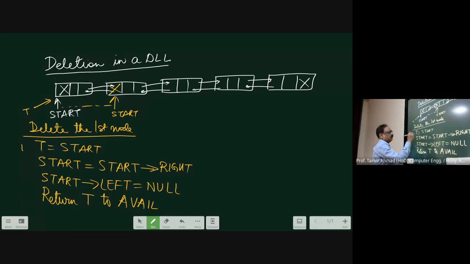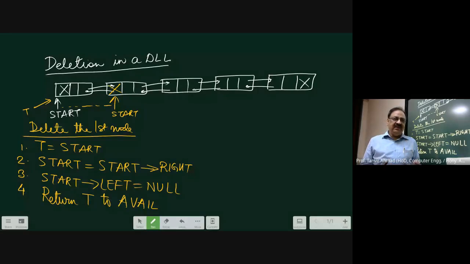That means these four steps are there. First, you make a pointer t is equal to start, shift start from first to second, start of left is equal to null, and return t to avail. Now, this is simple.